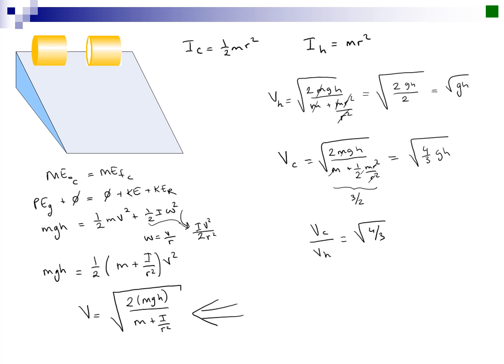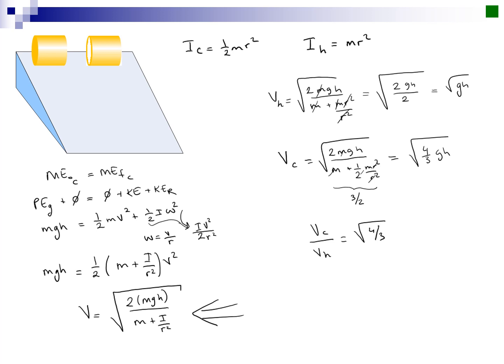And similarly for the cylinder, let's plug in all the values. 2 mgh divided by m plus 1/2 mr squared over r squared. Well, this part just becomes 1/3 over 2.